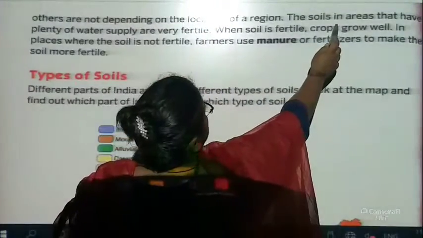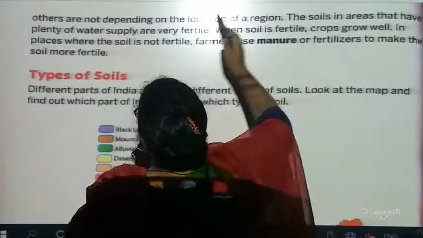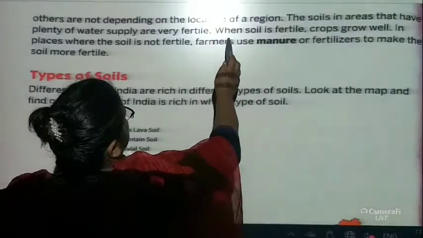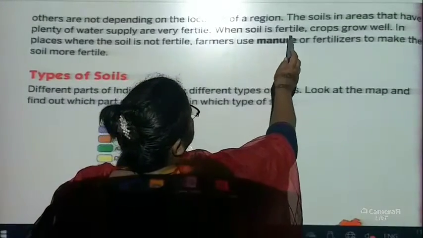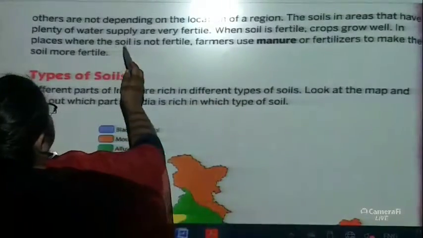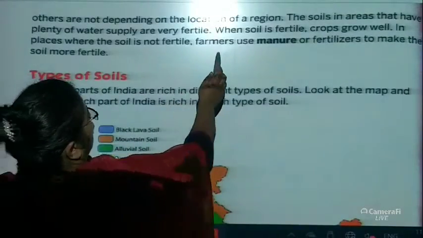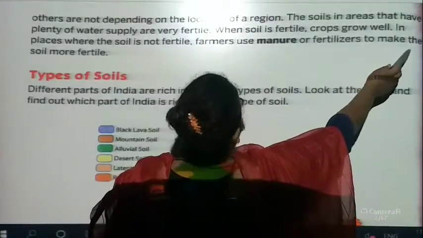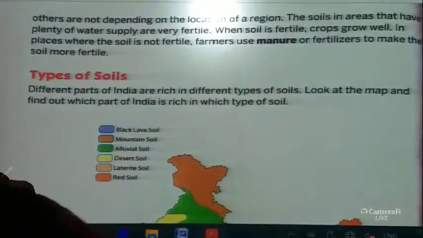The soil in areas that have plenty of water supply are very fertile. When soil is fertile, crops grow well. In places where the soil is not fertile, farmers use manure or fertilizers to make the soil more fertile.